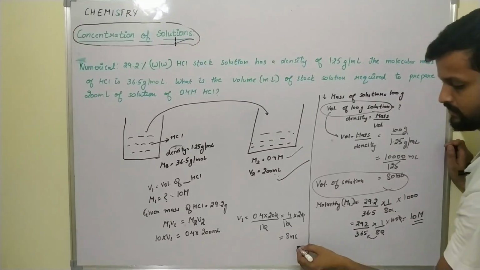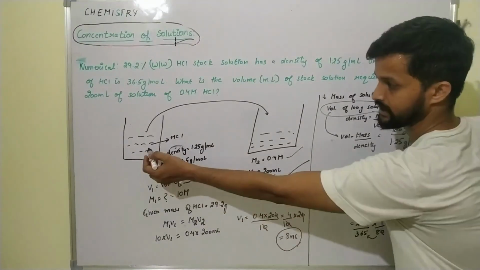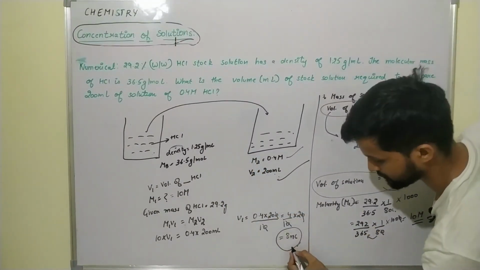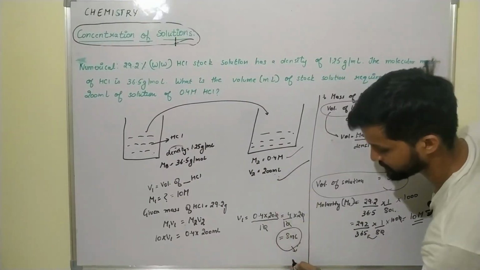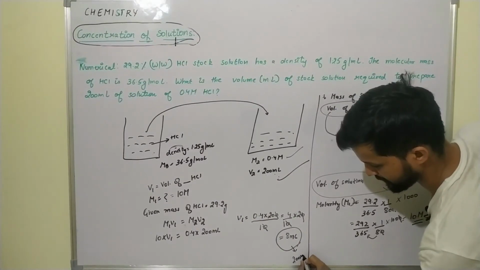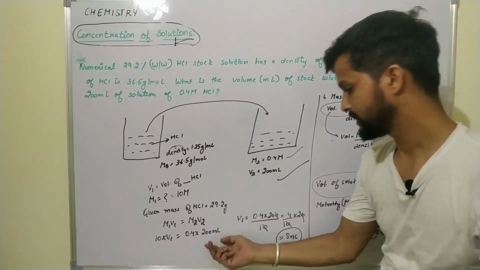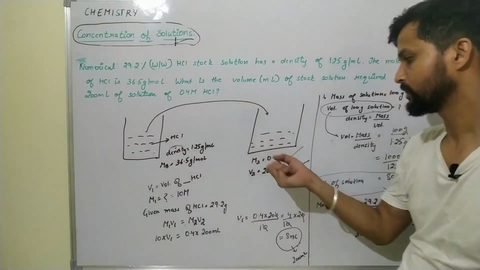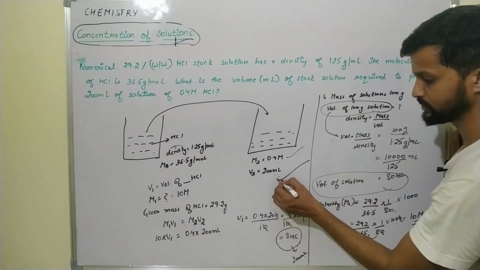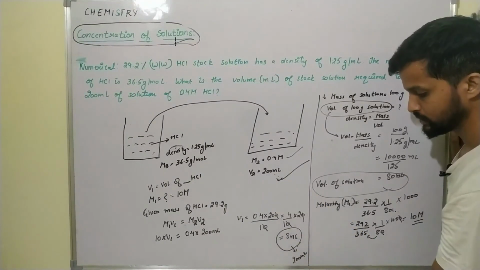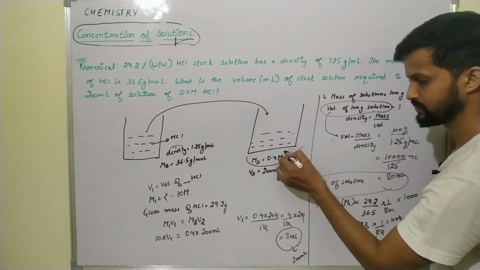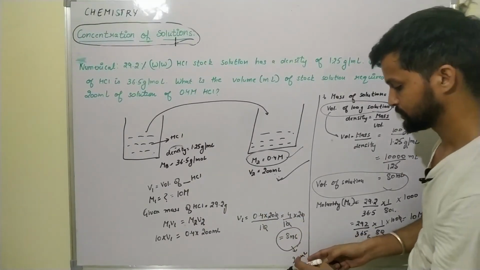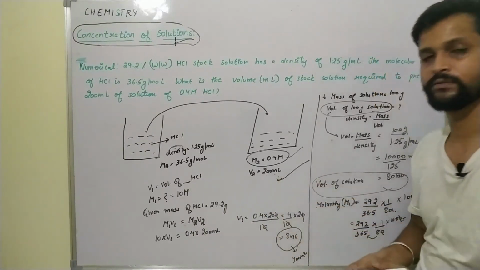We take 8 ml of this solution and add water till the total volume of the solution becomes 200 ml. The molarity of the solution will remain 0.4, and we just have to add the water so that the total volume becomes 200 ml.